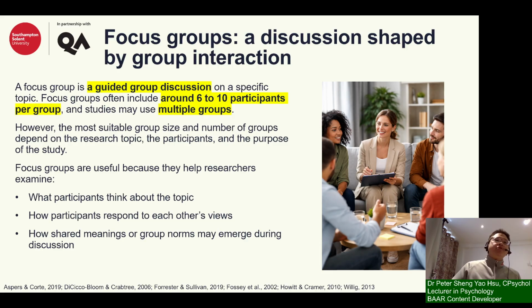But if the research topic is about shared experience, public attitudes, learning resources, timetable flexibility, or perception of university support, a focus group may be very useful. This leads us to the final comparison between interviews and focus groups.